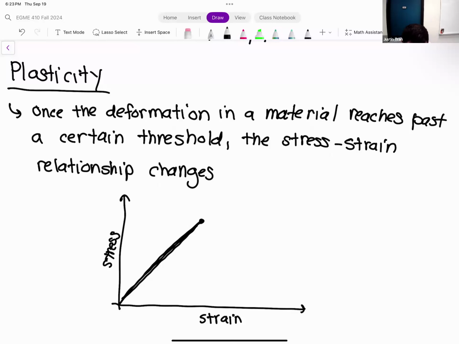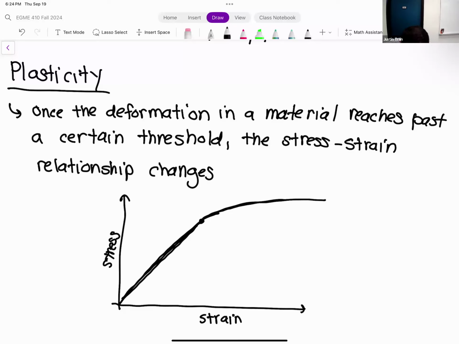And so if your deformations are large enough such that you exceed this linear region, then you go into what's known as plastic deformation, where the stress-strain relationship follows this kind of square root or radical behavior.